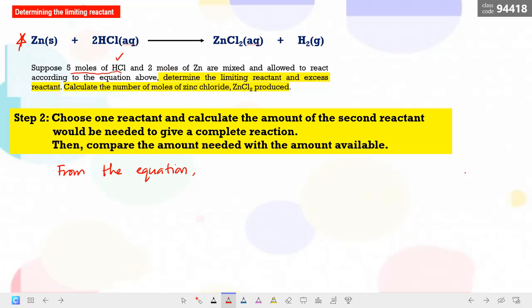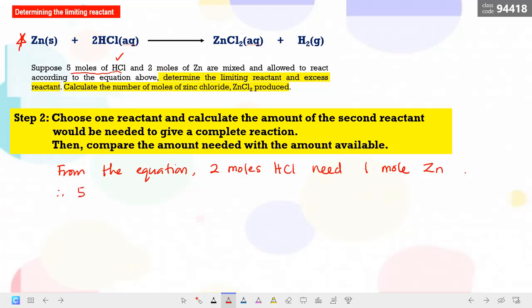Saya nak start dengan hydrochloric acid, so saya kena start ayat saya ni dengan hydrochloric acid. 2 mole hydrochloric acid need how many moles of zinc from the equation? Need 1 mole zinc. That is from the stoichiometric amount, from the balanced chemical equation. But provided to you 5 mole of HCl. Itu yang kita ada initially atau available pada kita 5 mole of HCl.